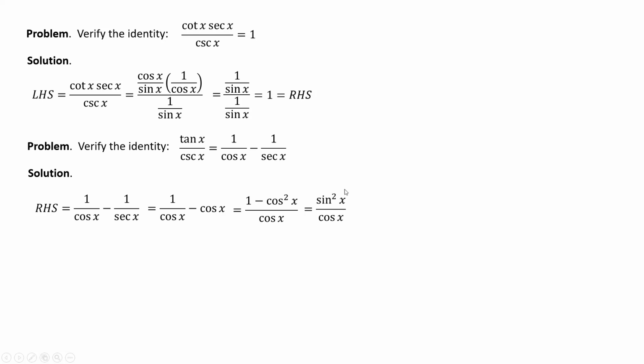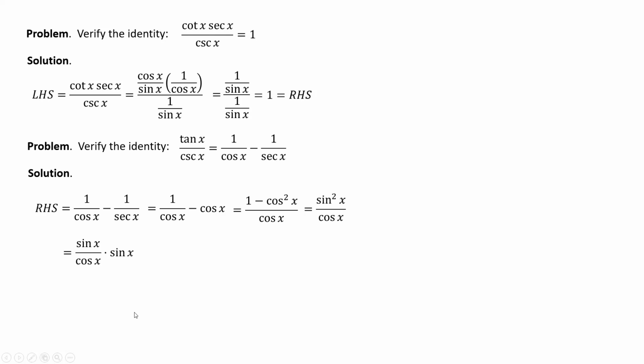So do you see that? It seems like at this stage I can go to tangent x times sine x effortlessly. So tangent x is already here, so that's good. But we need to have a over cosecant x, but we have a sine x, right? Sine x over cosine x times sine x, like I was talking about. So this is tangent x.